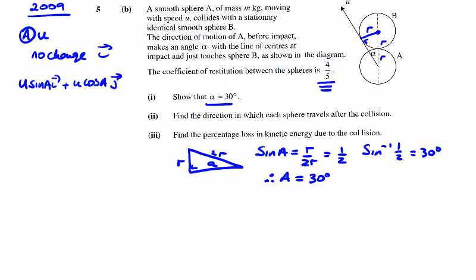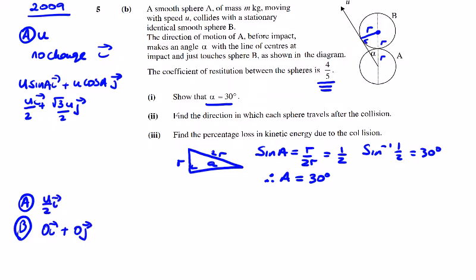So this is before: u over 2 in the I, since alpha is 30, plus root 3 u over 2 in the J. So this is A before, and B is at rest, 0I plus 0J.